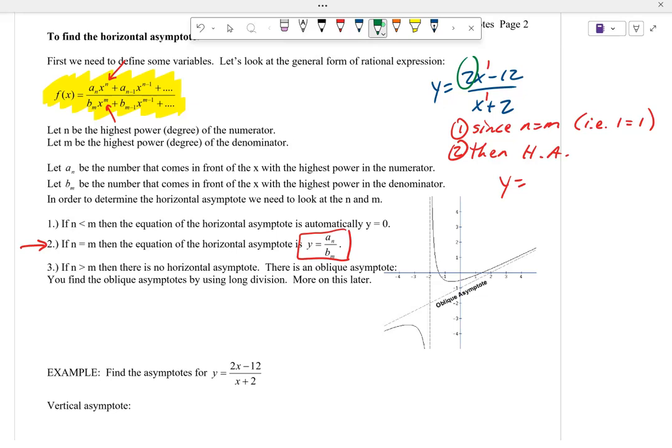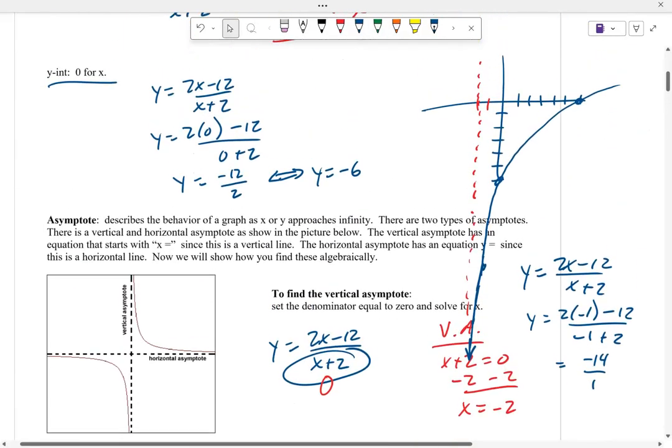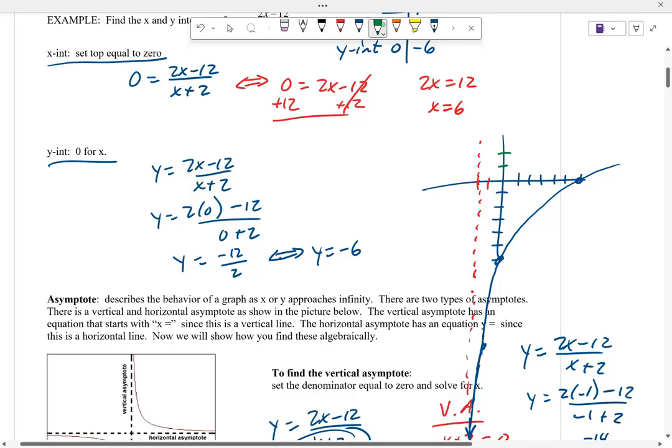The leading coefficient of the top is 2, and of the bottom is 1, so it's y equals 2 over 1, y equals 2. If I was graphing this, y equals 2 is this horizontal line. The further out I go, as x gets larger and larger, the closer and closer it gets to that y value of 2 on that side.